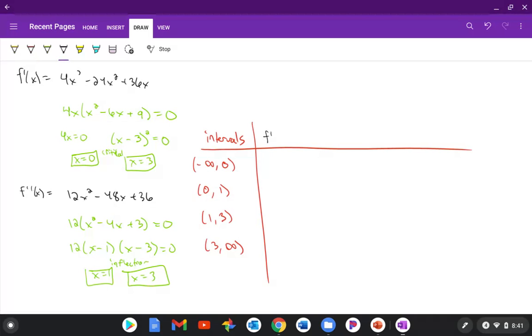So then let's go ahead and plug in some values. Let's do f prime of -1, and then we'll plug in f prime of 0.5, f prime of 2, and then f prime of 4. So I'm just going to go ahead and set up my table, plugging the first derivative into y1 on my calculator.